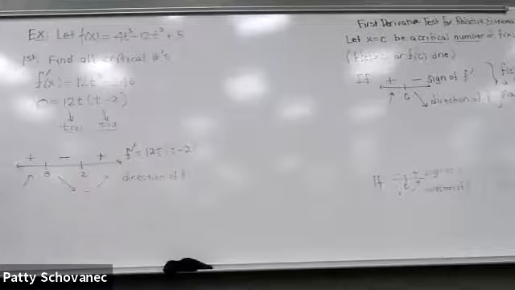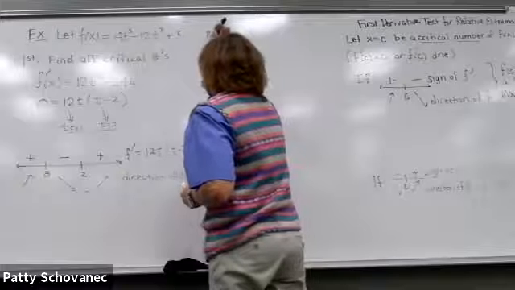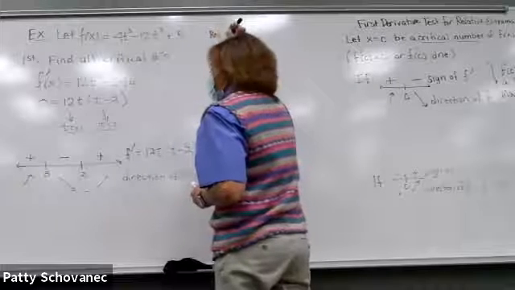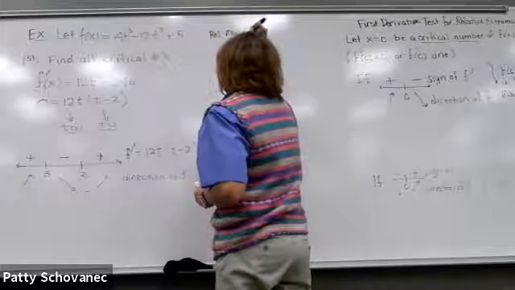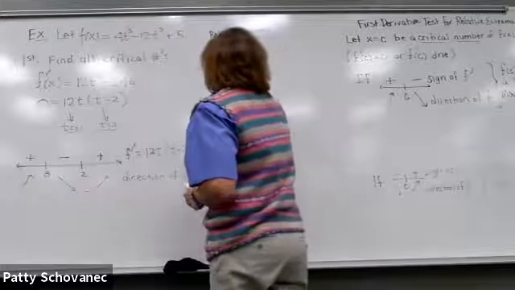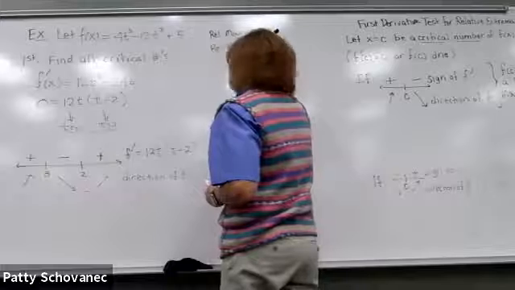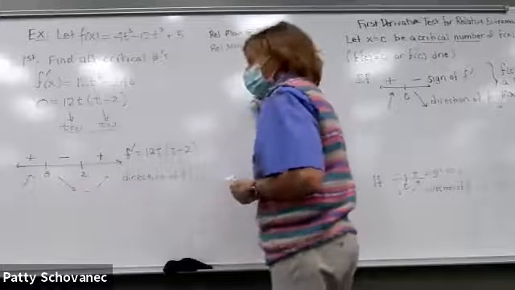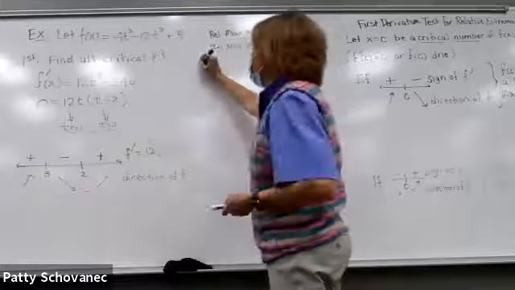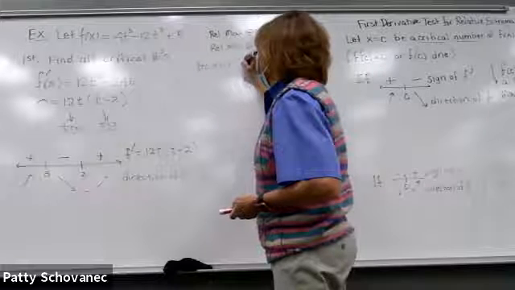So by the first derivative test, we have a relative max at x is 0, relative min at x is 2.